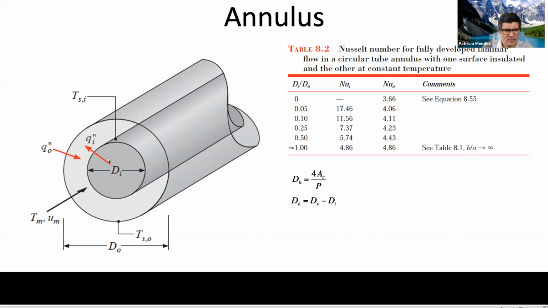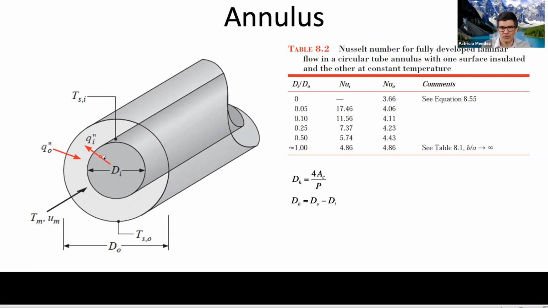Or let's say this area inside is not conducting heat, and the heat is conducted between the fluid and the outside, right? And they indicate here q double prime o is the heat flux with the outside, or q double prime i, the heat flux with the inside. You choose one or the other.